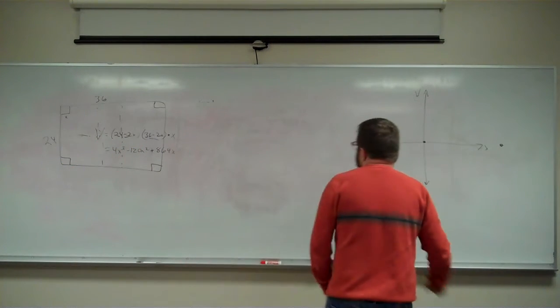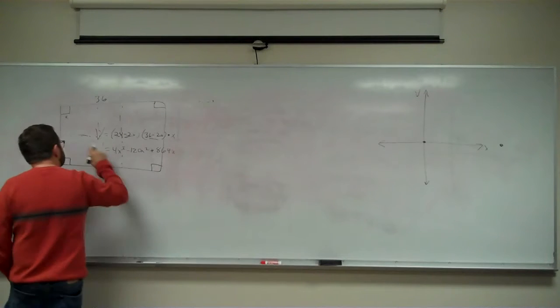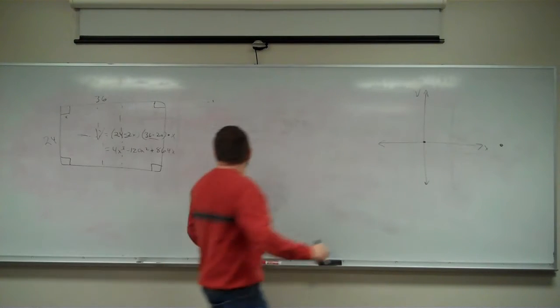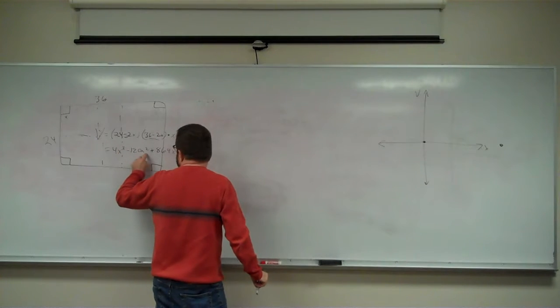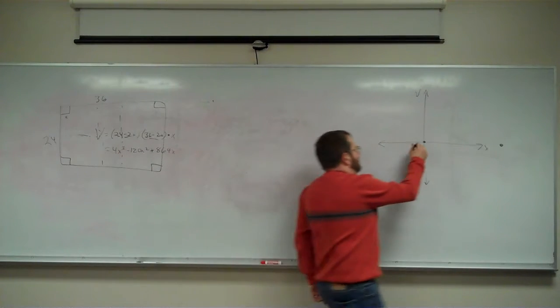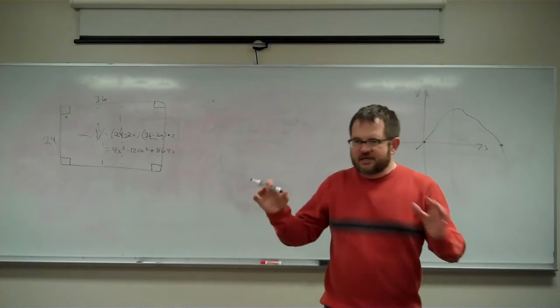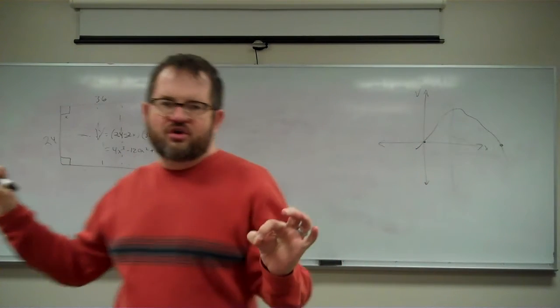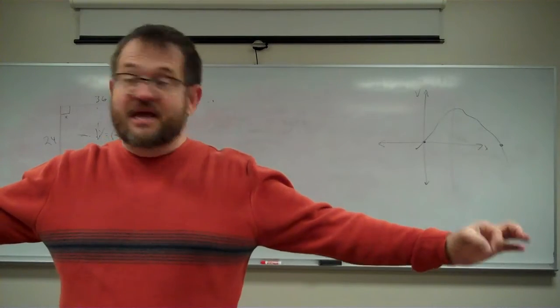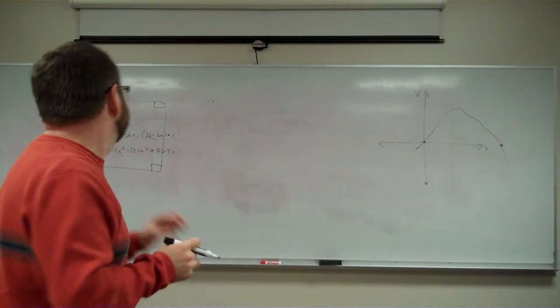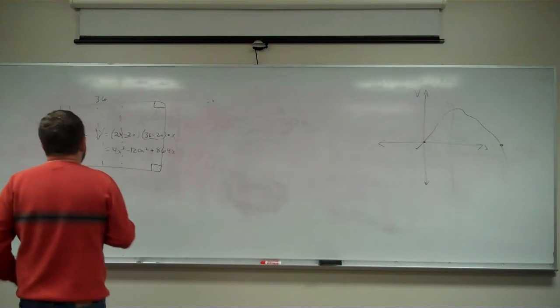But in places in between, there is some volume to the box. Can we agree, and the function has x squareds and stuff like that in there, it probably looks something like this, right? At no corner cutting, there's no volume. At some corner cutting, there's no volume again. But in between, there's some place where the maximum is.